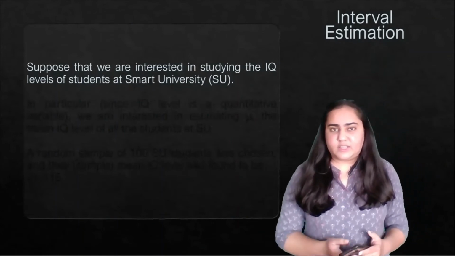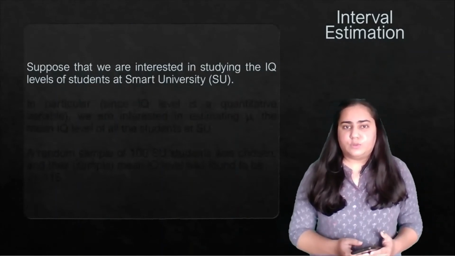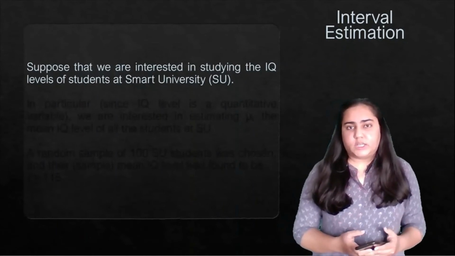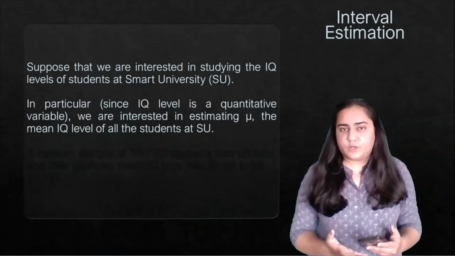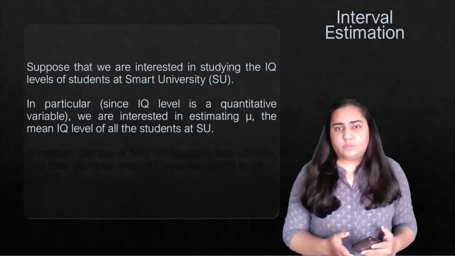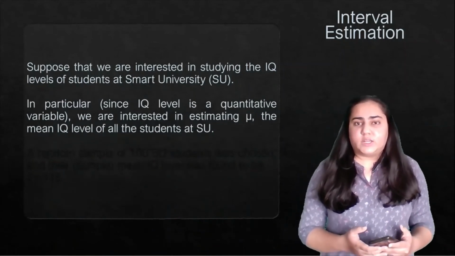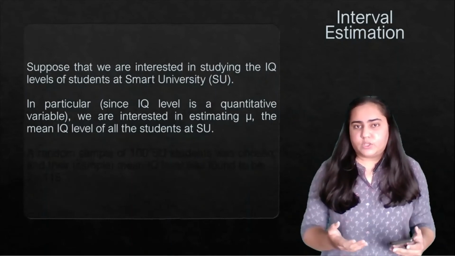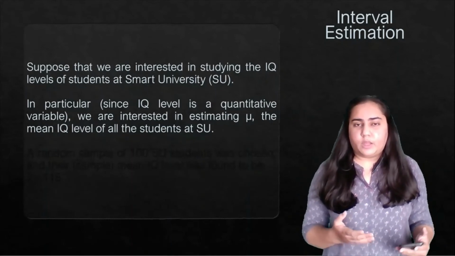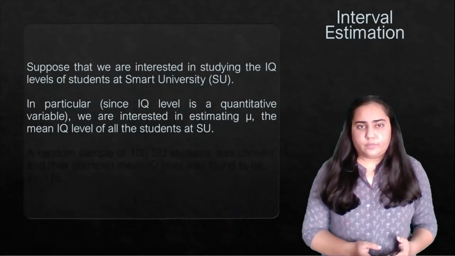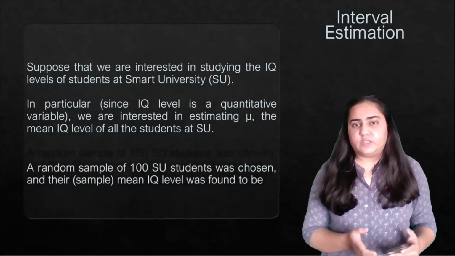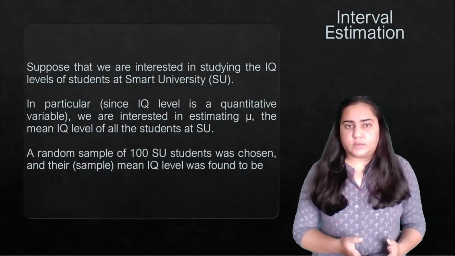Once again, the same example that we are interested in studying the IQ levels of students at this university called Smart University. And in particular, we are interested in estimating mu, which is their average IQ level. So the mean IQ level of these students at Smart University.